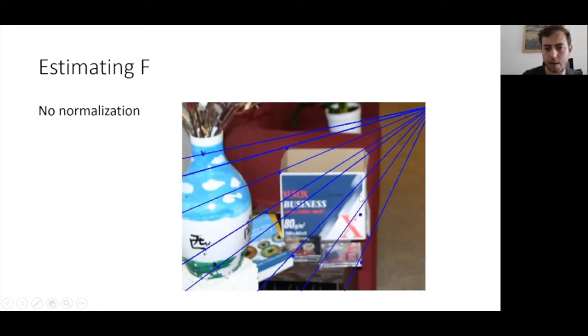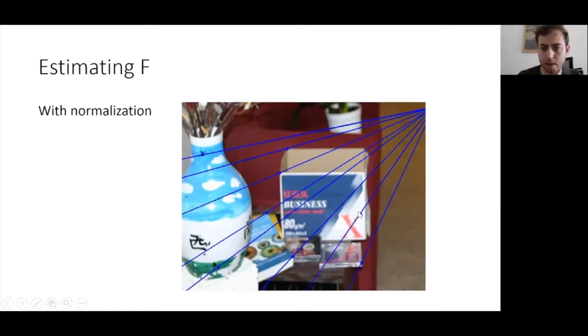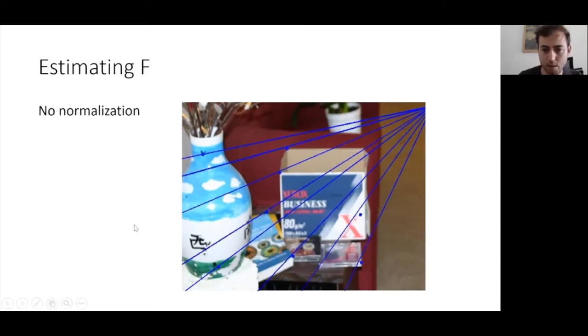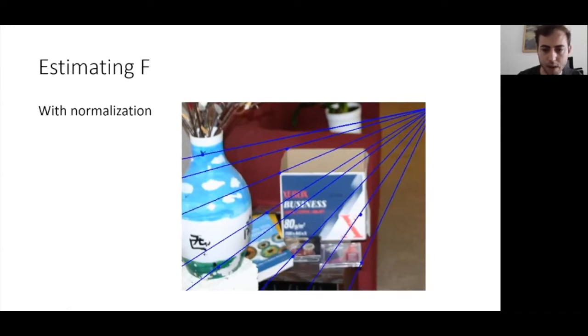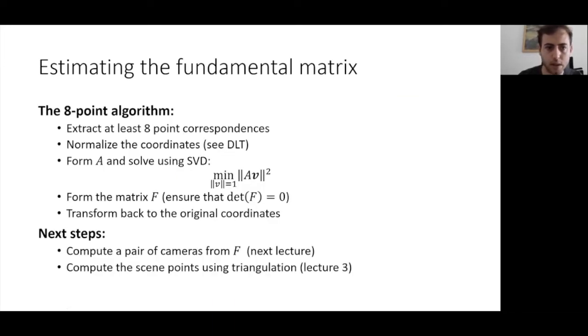But in this case, you see some errors, like this line does not exactly pass through the corresponding point. It's close, but not enough. But if I use normalization, then the accuracy is improved. So without normalization and with normalization. So this is very important.